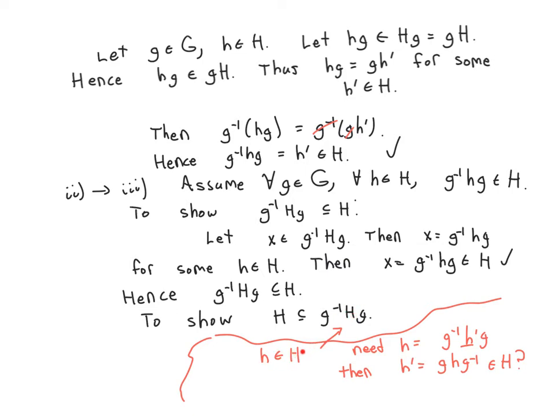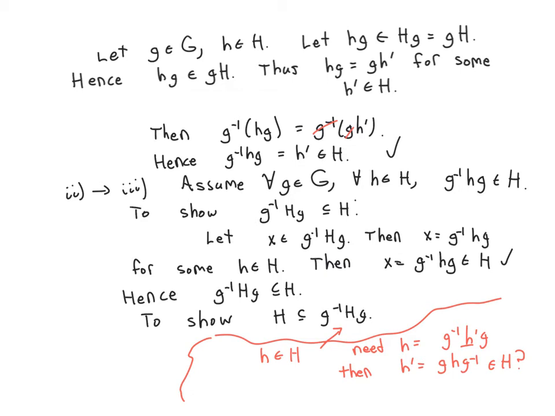So what do we need here? Well, thought bubble. We need to take something in the left-hand side. We need to show it's in the right-hand side, which means we need to show that it belongs to this set. What do elements in this right set look like? They look like g inverse times an element in H, probably a different element. So I'm going to say h prime, for some h prime.